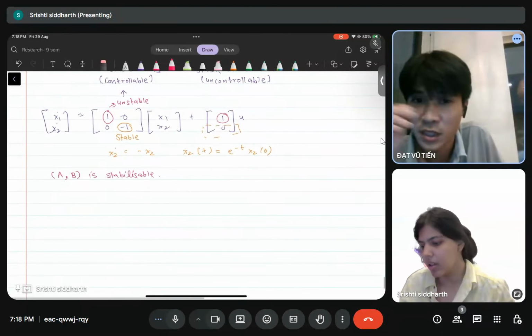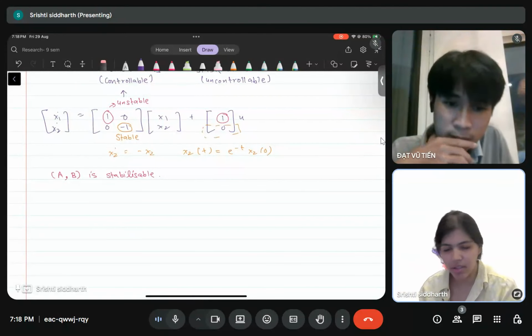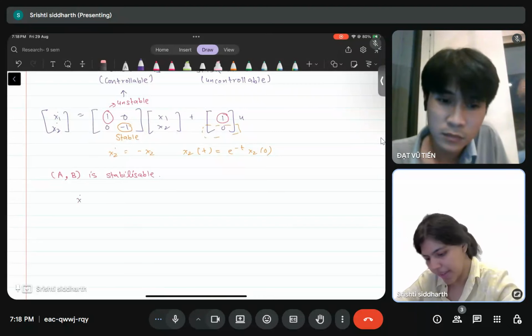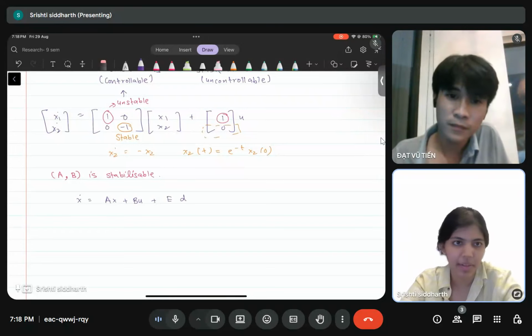Okay, so in that case, let's say there is some disturbance and there is a vector associated. It's x dot equals Ax plus Bu, that's how we evaluate a control, plus, let's say, E times disturbance d.